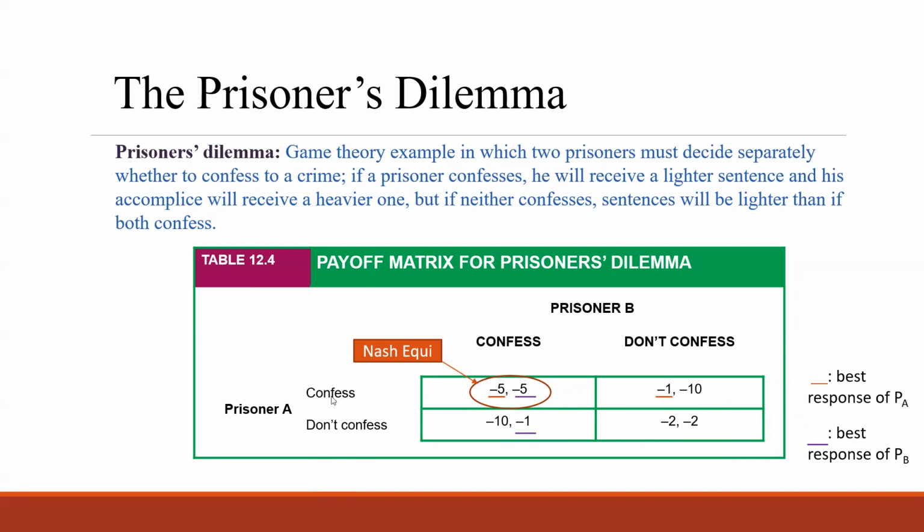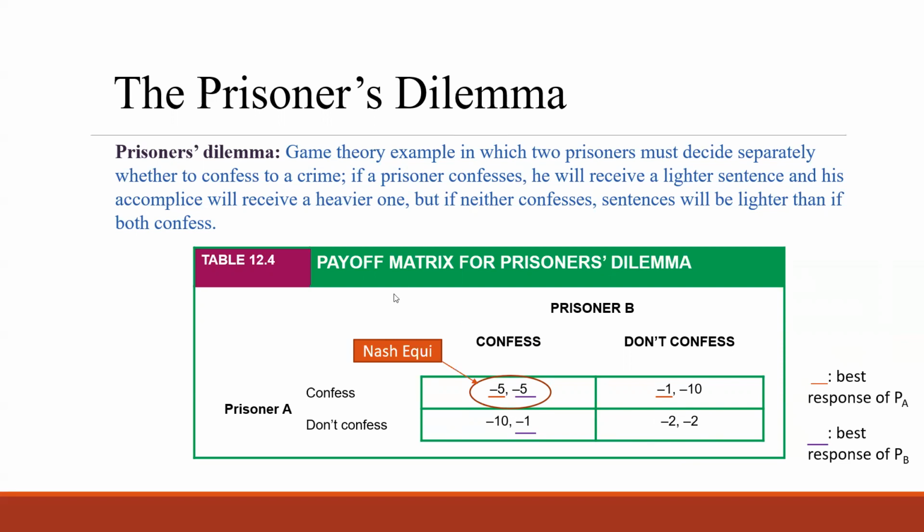Under that setting, each player has to choose whatever does best for themselves. And here we fall into the pit, or namely the dilemma, of a second best or inferior outcome. Inferior to the first best, which is non-confess for both, which is under the cooperative setting.